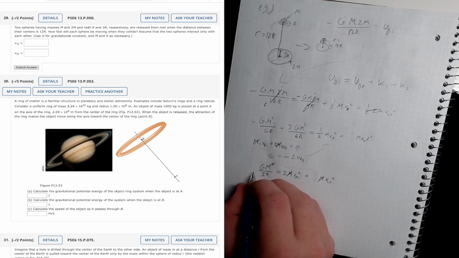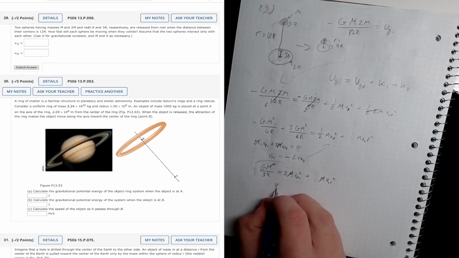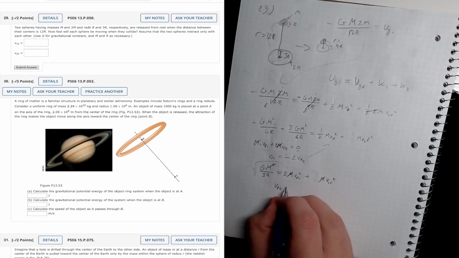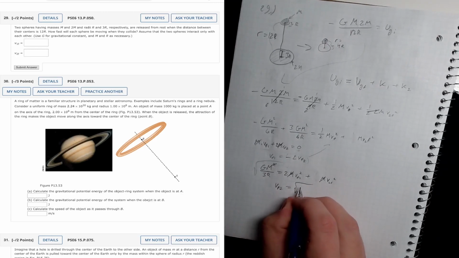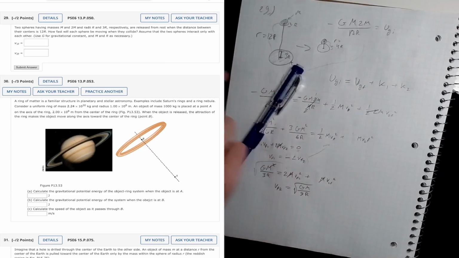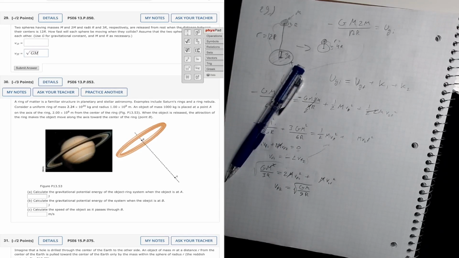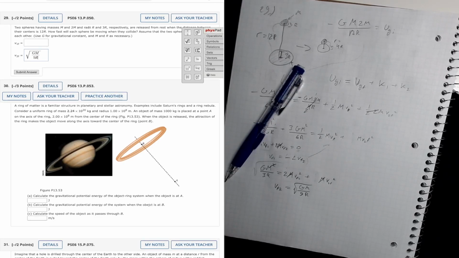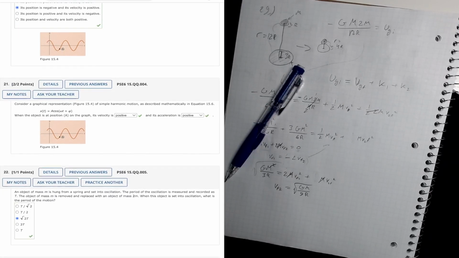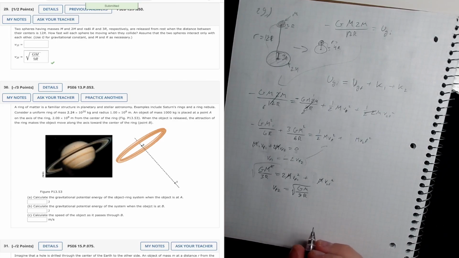So that should be velocity squared, velocity of 2 equals square root of Gm over 9r, I believe. Well, let's check that. Square root of Gm divided by 9r. Yes, alright, perfect.